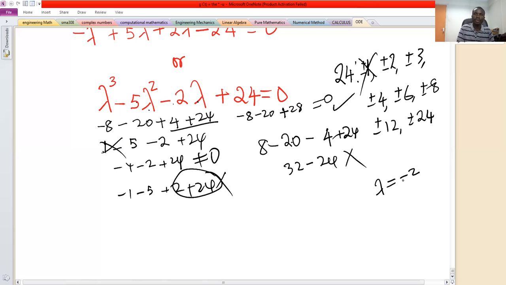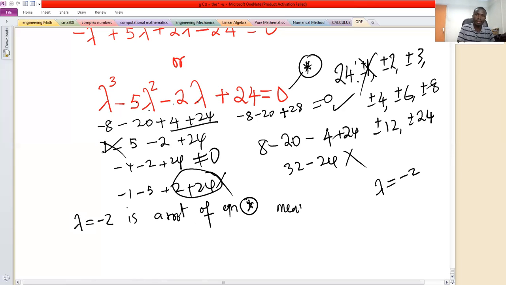Now, when lambda equals minus 2 is a solution, then it means that lambda equals minus 2 is a root of, let me call this equation star.